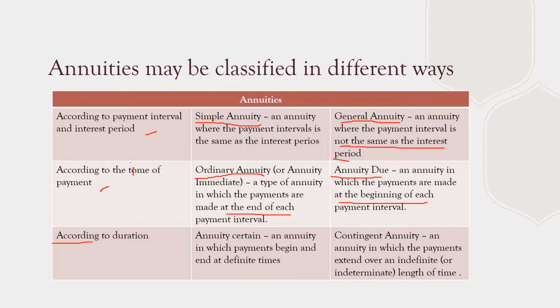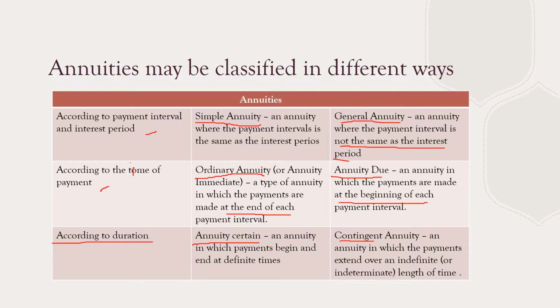We also have according to duration. Annuity certain. It is an annuity which payments begin and end at definite time. So, annuity certain. Alam mo kung kailan nagsimula, alam mo din kung kailan matatapos. Pag sinabi mong 5 years lang, so you can determine kung kailan matatapos yung hinuhulugan mo.